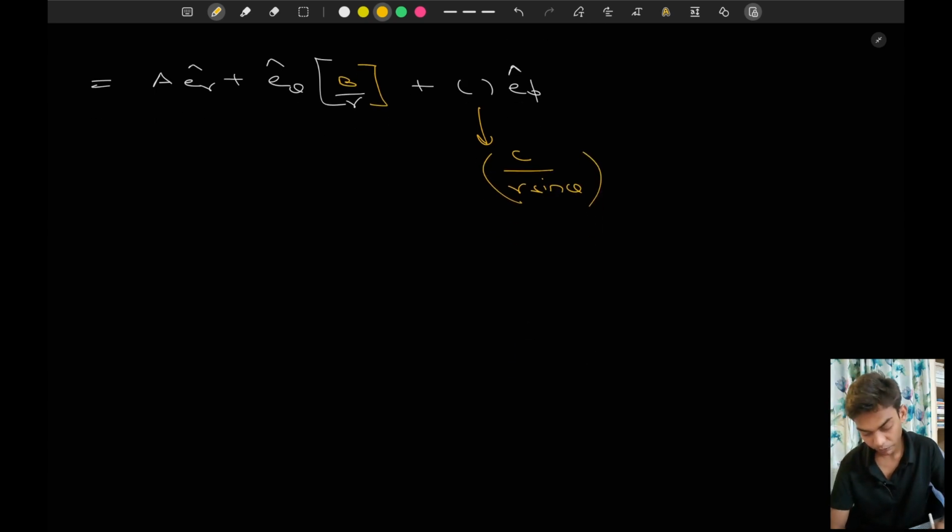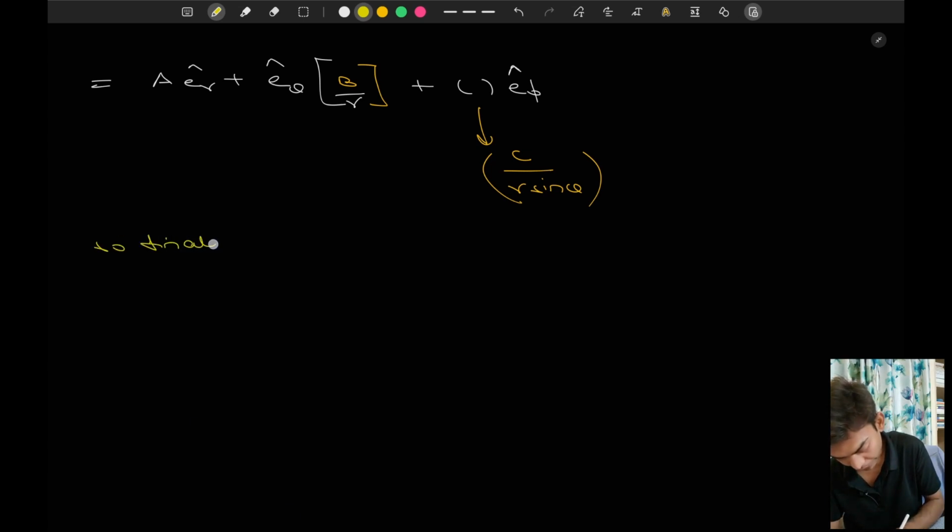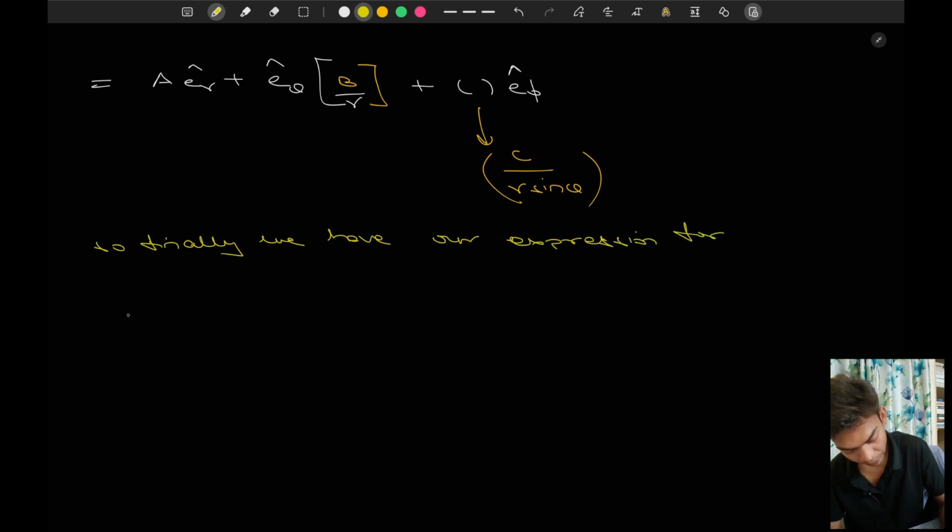This is what this coefficient will turn out to be. So finally we have our expression for gradient in spherical polar coordinates.